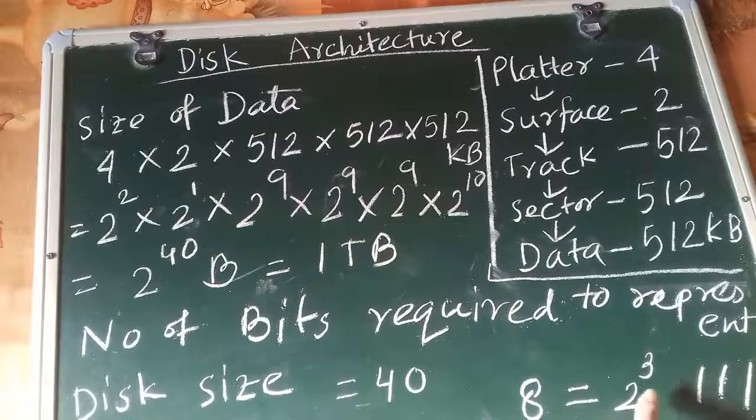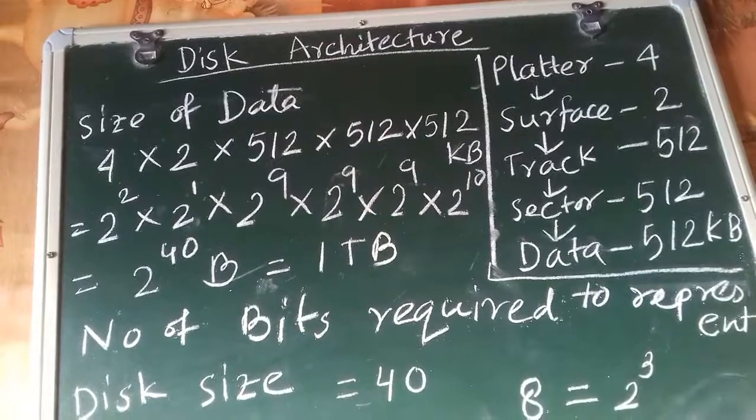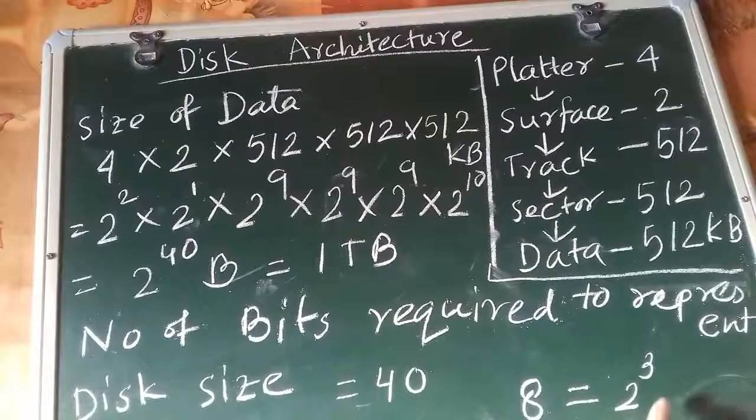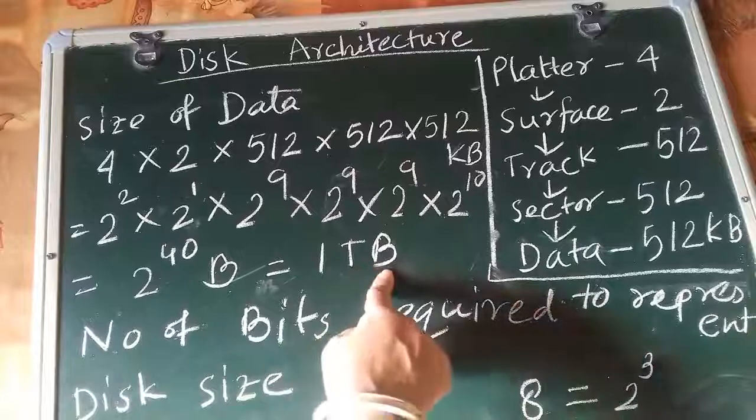If we want to calculate what is 8, when we take 2 to the power 3, there is no need for that much representation. We take 2 to the power 3 equals 8. So how many bits are required to represent 8? 3. Similarly here it is 1 terabyte.